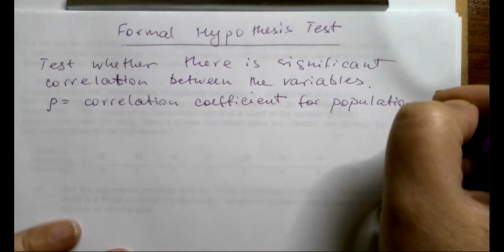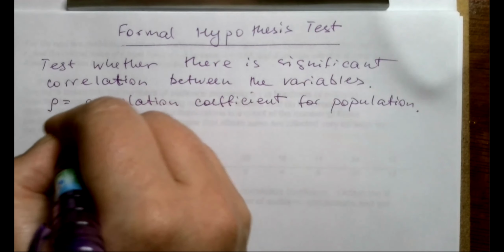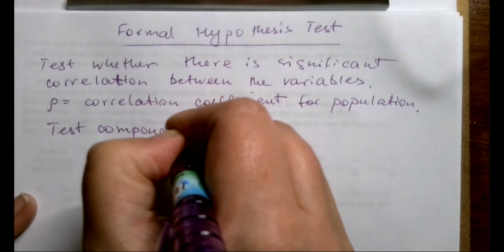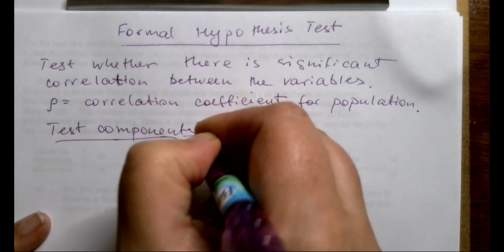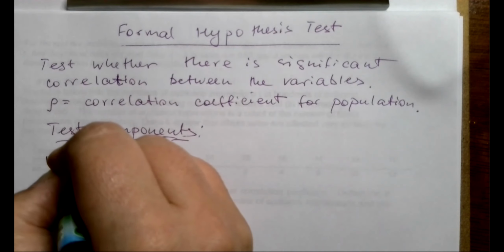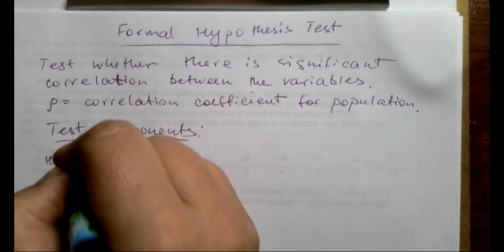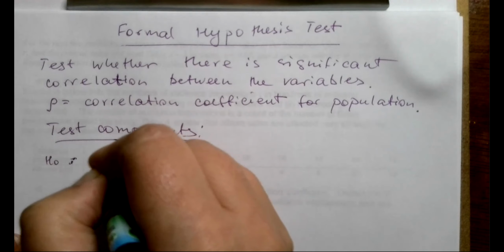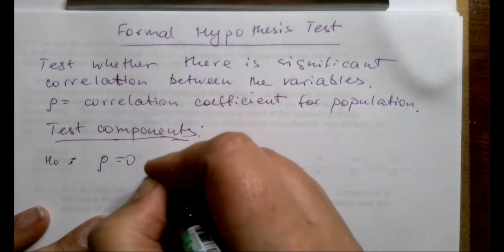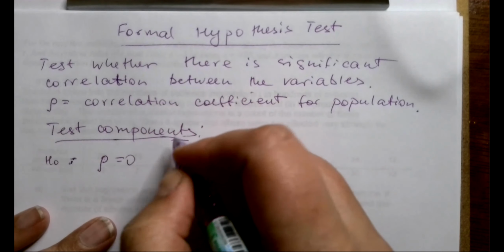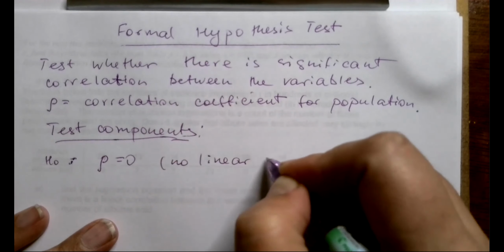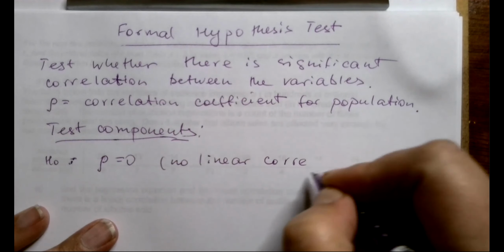All right. Now let's talk about test components. For the hypothesis test, we need the null hypothesis, and our null hypothesis says rho is equal to 0, which means no linear correlation exists between the two variables.